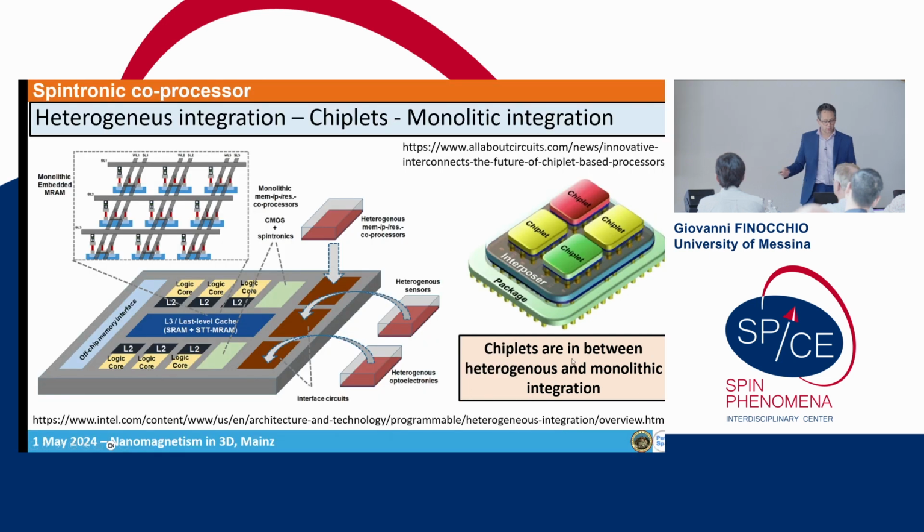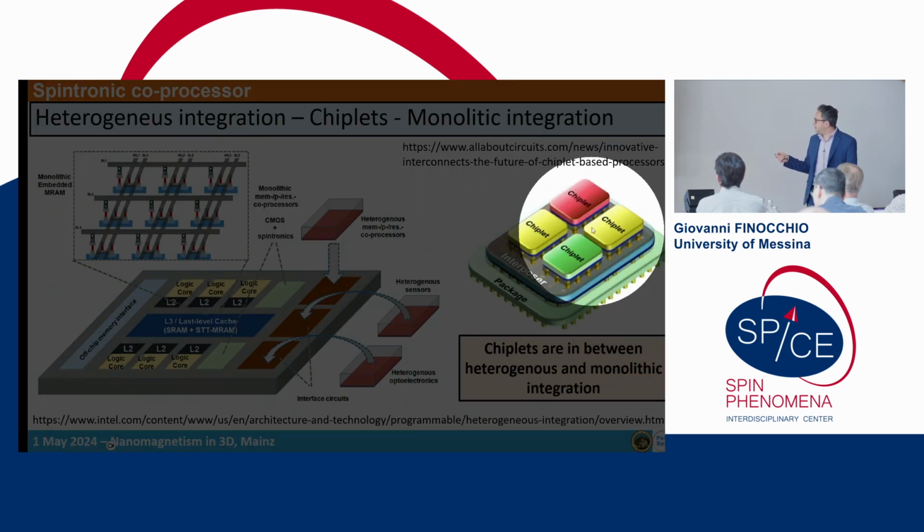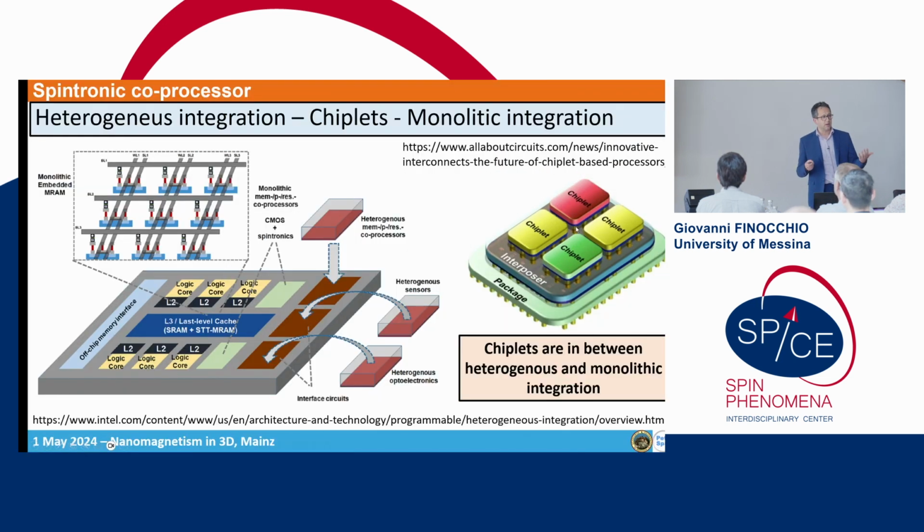We have a European project where we are trying to do this with spintronics and CMOS. But right now, companies are also developing something in the middle, which is the chiplet approach. Here you have different CMOS nodes, and each chiplet can be, say, photonic, optoelectronic, or spintronic technology.